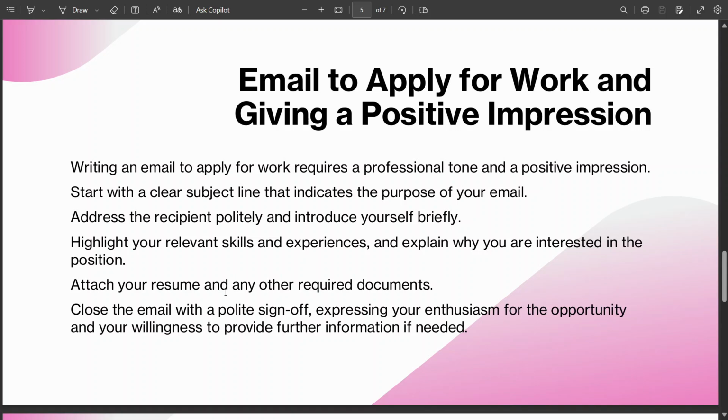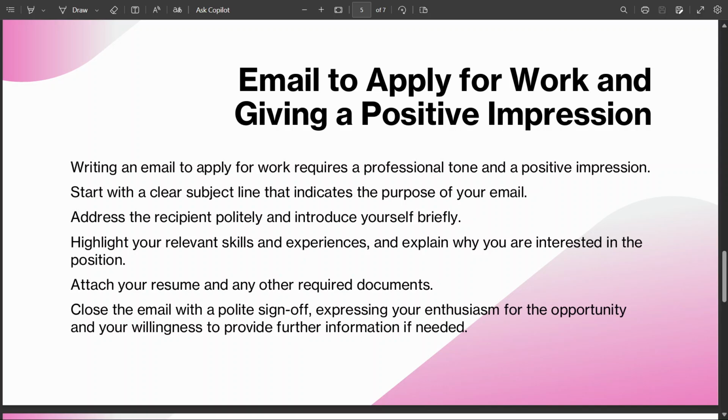Of course, once again, you're not really attaching it on the exam day, but you can write that my resume or CV is attached. It adds to that real life scenario feeling. It's really good. And you can also close the email with a polite sign off expressing your enthusiasm for the opportunity and your willingness to provide further information if needed.